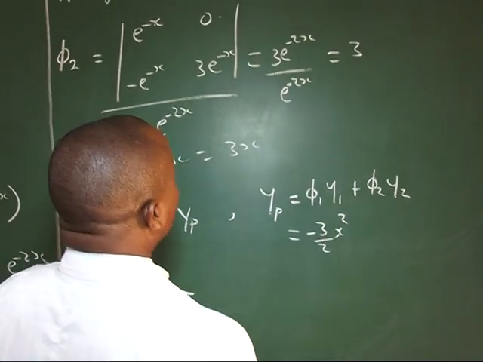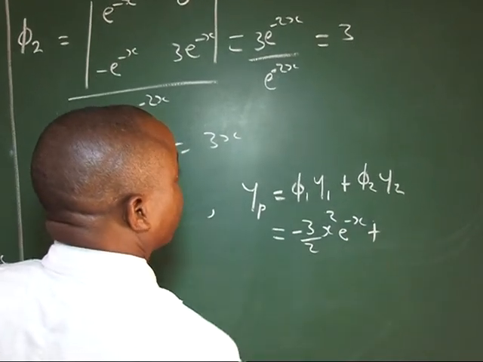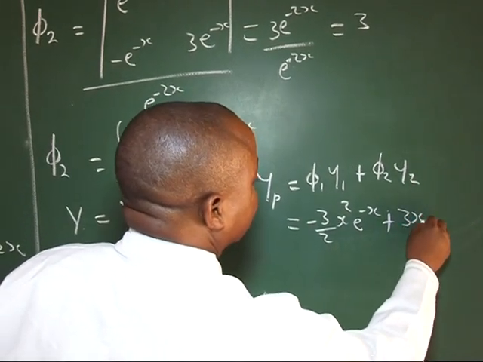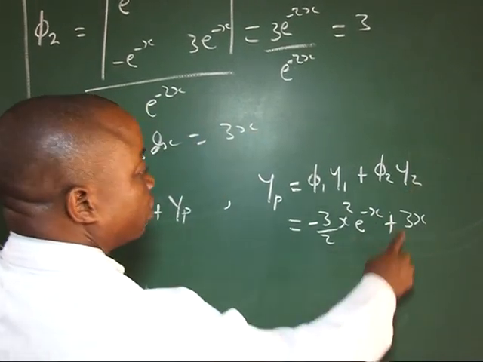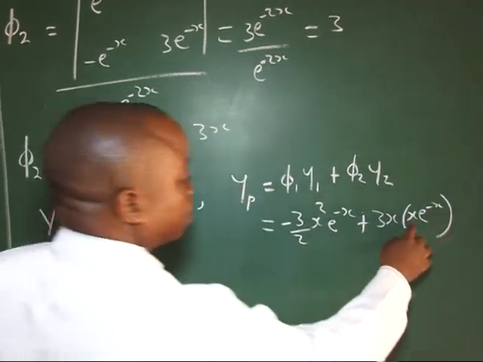Then y1 was exponential minus x, plus phi 2. Phi 2 is 3x. Then y2, for y2 we have x exponential minus x.